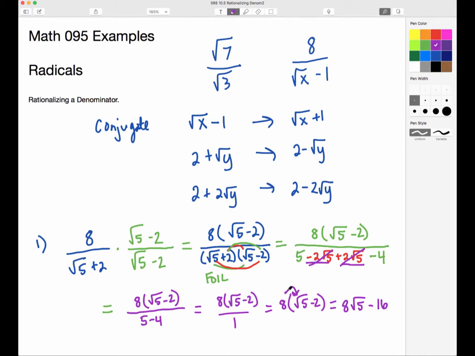So I'm distributing right here. Now we have our answer, which is 8 square roots of 5 minus 16. So what started off as a fraction with a radical number in the denominator ended with no radicals in the denominator.